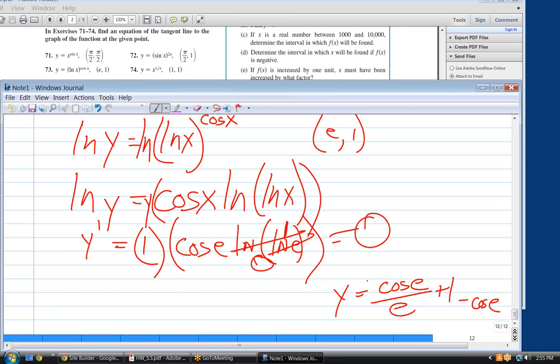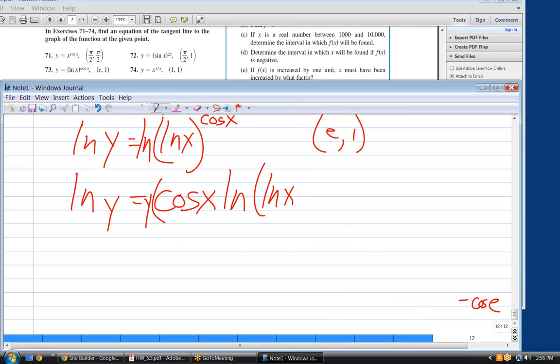Just a second. Yeah, there's no product rule needed. In other words, you solve for... hold on a moment. Let's back up a step here. I did this awfully quick.